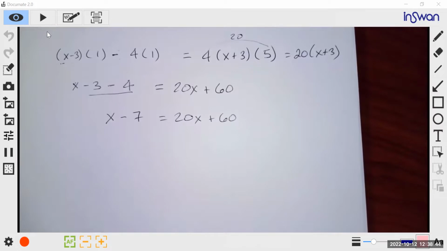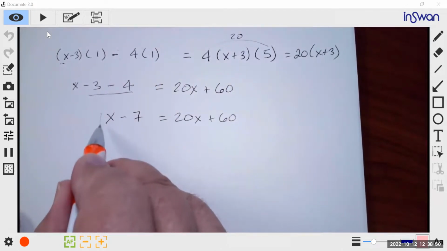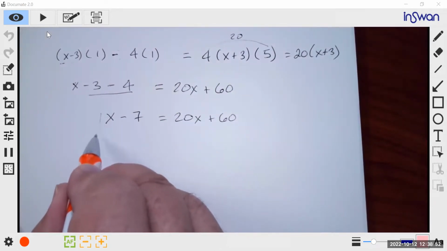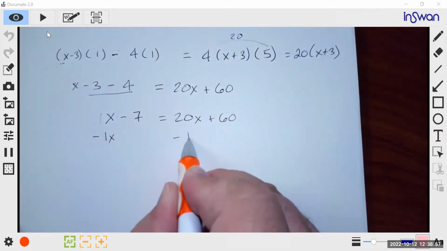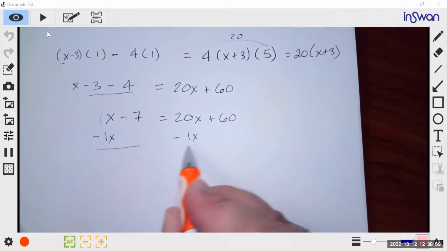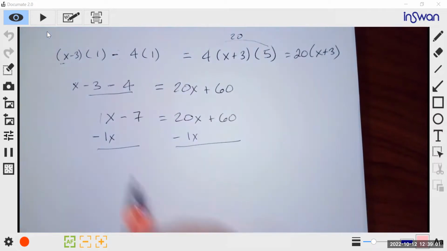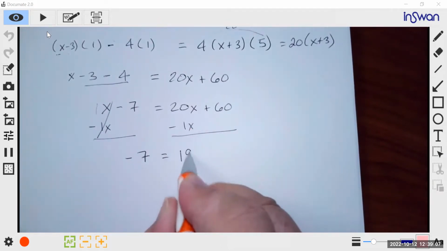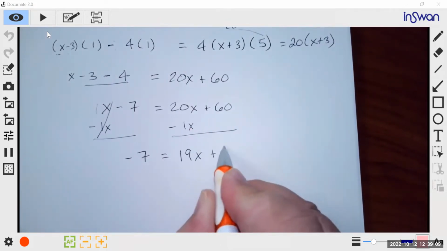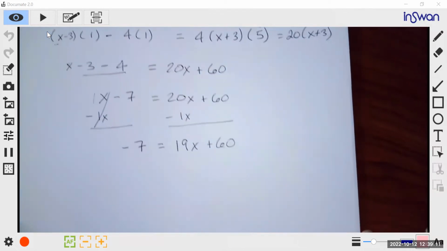No. So which x do you move? The smaller one. This is 1x. So how do we get rid of the 1x? Subtract 1x. So we have negative 7 equals 20 minus 1, which is 19, x plus 60.